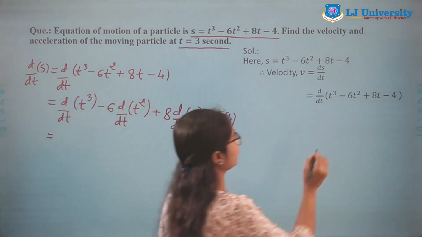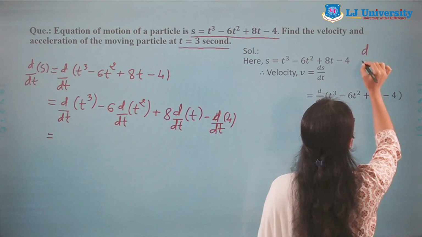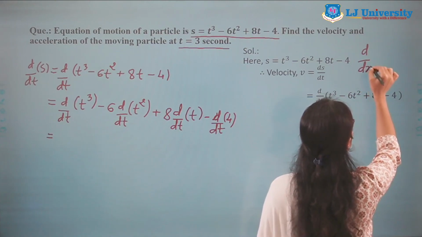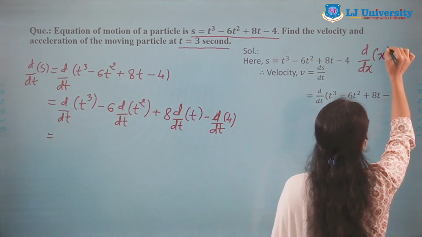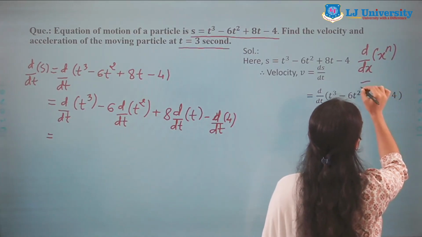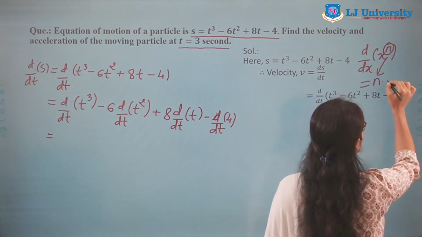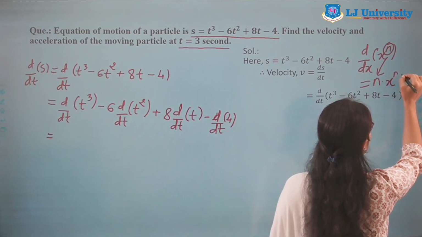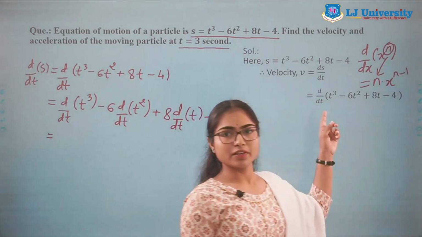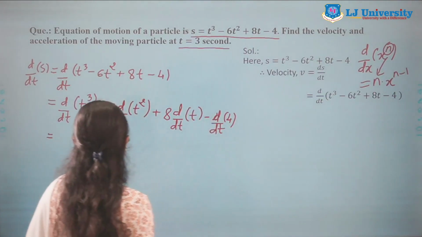Now we know that d by dx of x to the power n equals n into x to the power n minus 1. We use this formula here.